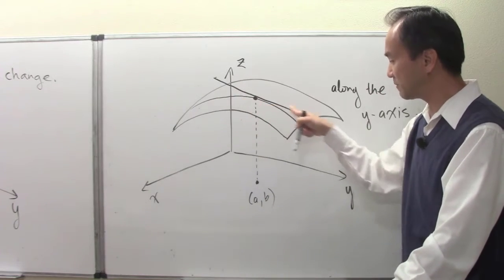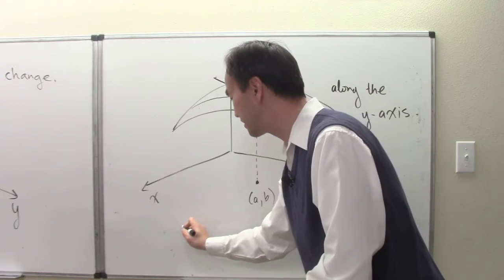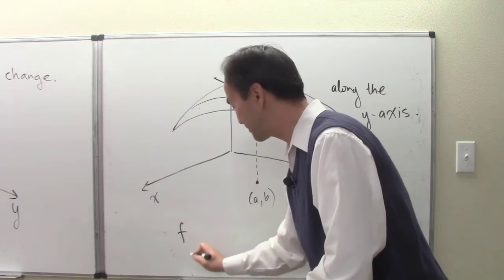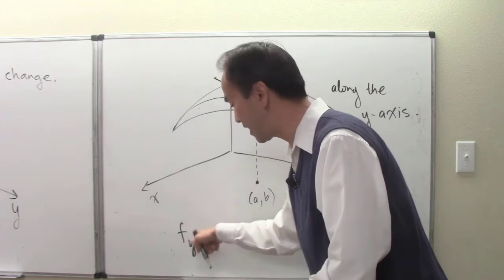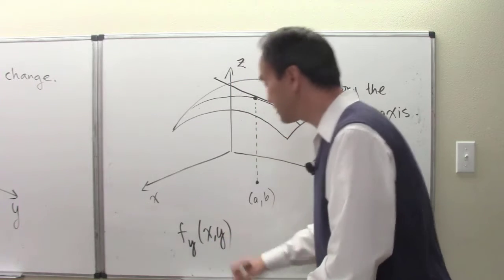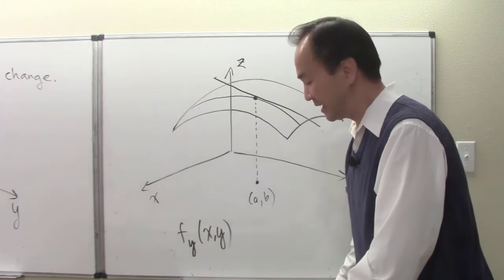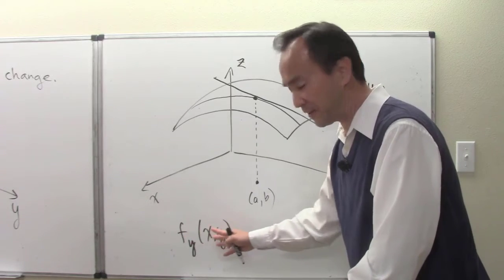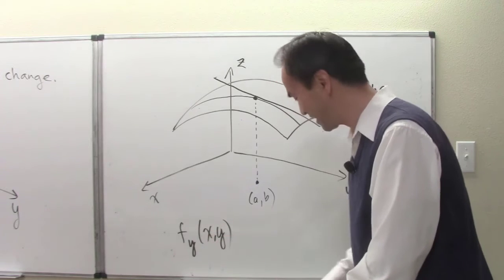The slope of this tangent line, we refer to that as the partial derivative of the function f, but in respect to y this time. So we use a subscript y, and formally it comes with the notation indicating the pair of inputs x, y. I will get back to explain why we still have to attach the x, y.